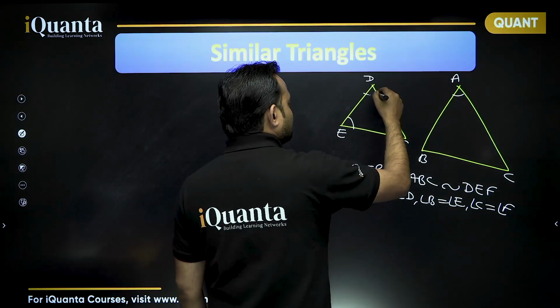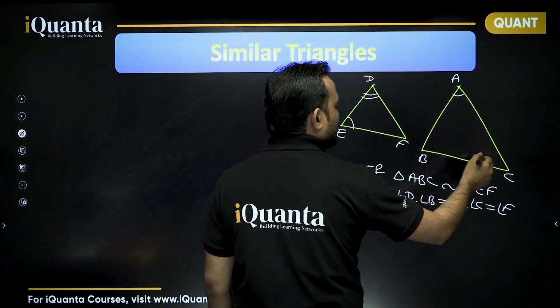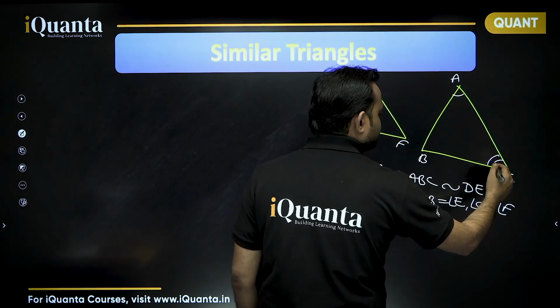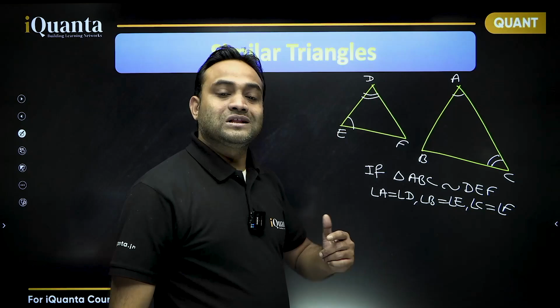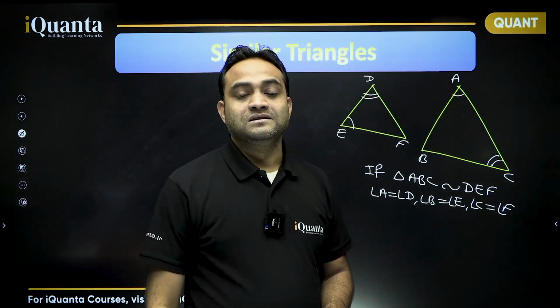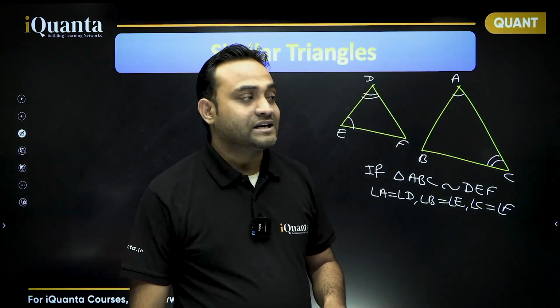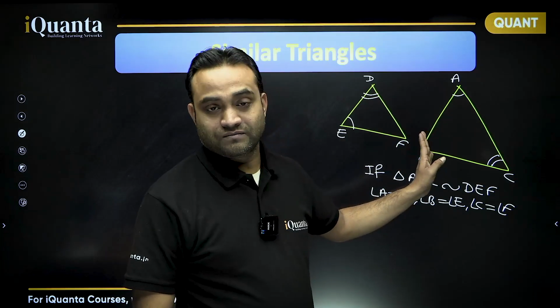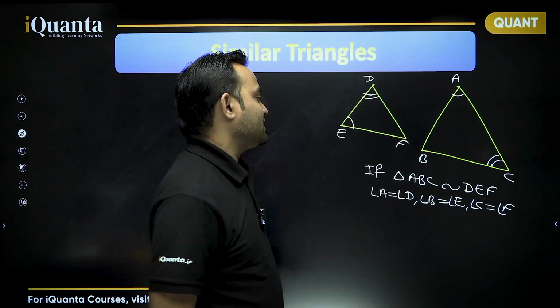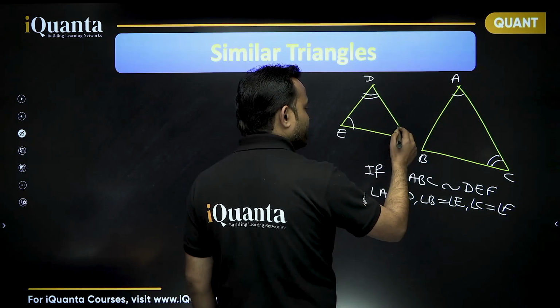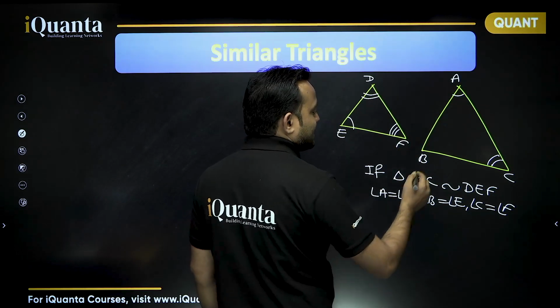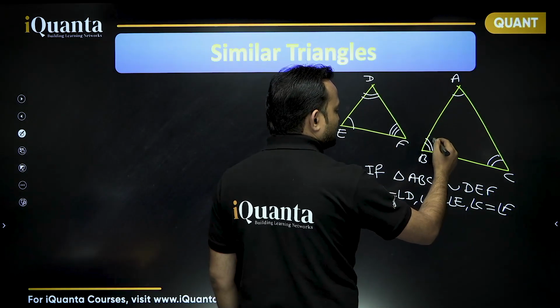Angle D is equal to angle C. The sum of all three interior angles of a triangle is equal to 180 degrees, so if two angles are of equal measurement, the third will automatically be equal. In that case, angle F will be equal to angle B.